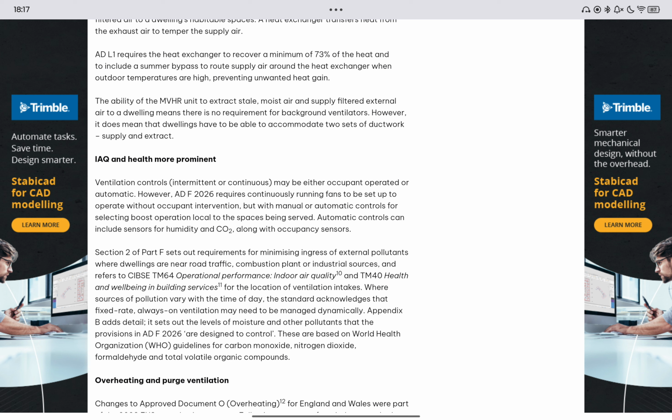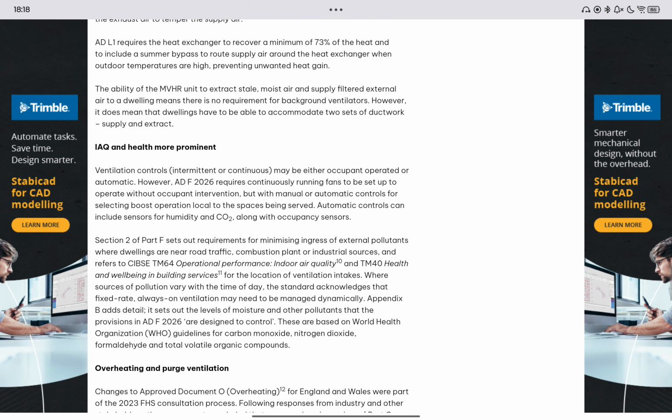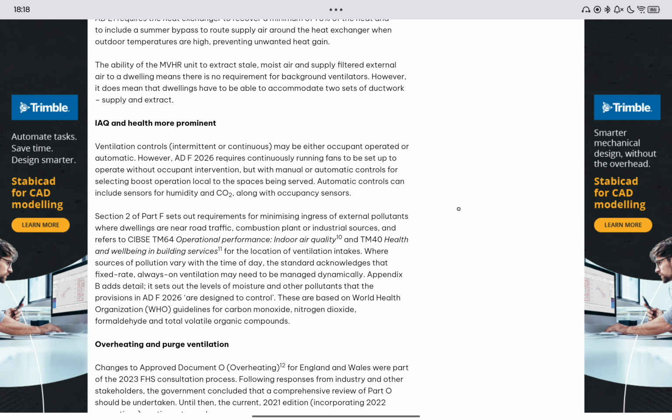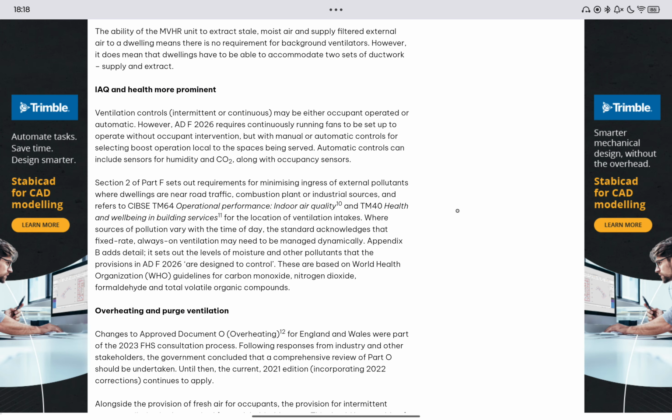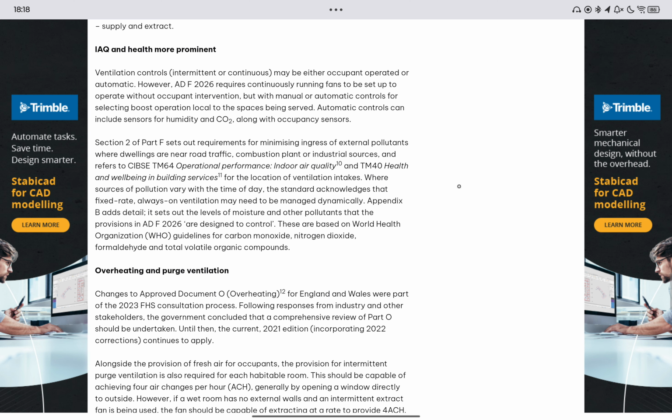Ventilation controls, intermittent or continuous, may be either occupant operated or automatic. However, ADF 26 requires continuously running fans to be set up to operate without occupant intervention, but with manual or automatic controls for selecting boost operation local to the spaces being served. Automatic controls can include sensors for humidity and CO2, carbon dioxide, along with occupancy sensors.